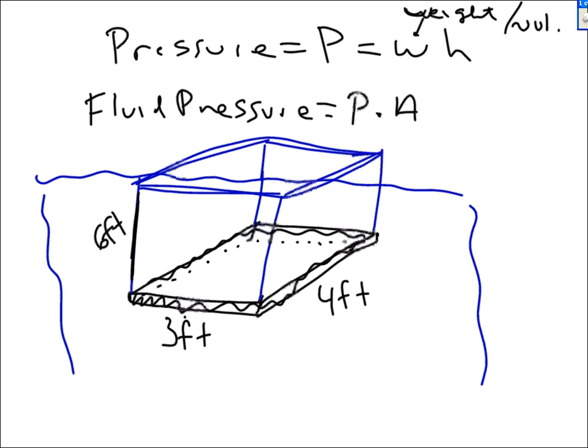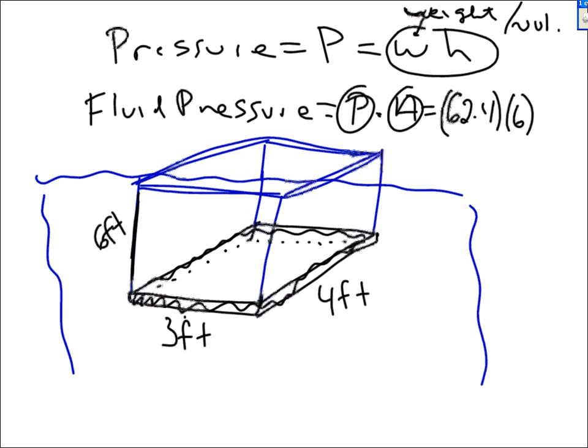Now, what's the pressure? The pressure is the weight times the height. Well, the weight, the density, is 62.4 times the height is 6. So that's P, times the area.